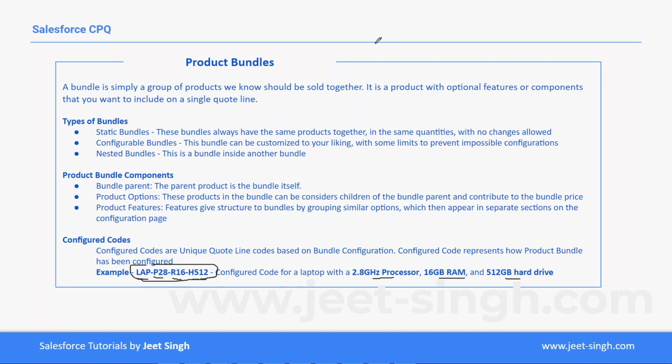You define a shortcut or a short code for each of your options. That's number one. For processor, you define what will be the short code for each of the options. Like for a 2.8 gigahertz processor, it can be P28. For a 2.5 gigahertz processor, it can be P25. Okay, so you define a short code for each option. That's one thing that you have to do.